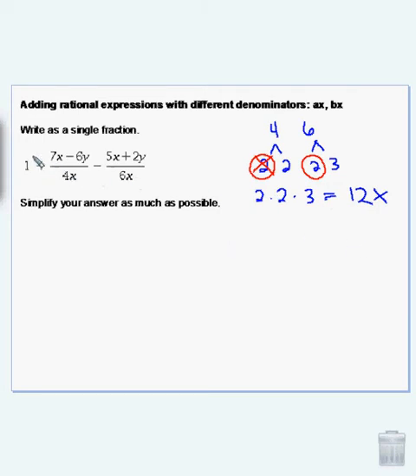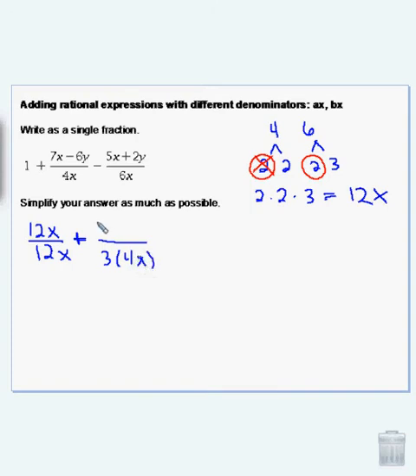Now in order to turn my whole number into having a denominator of 12x, I multiply whatever number I have here times 12x. Well, in this case it's just 1. And then put 12x in my denominator. In order to turn 4x into 12x, I need to multiply that by 3.